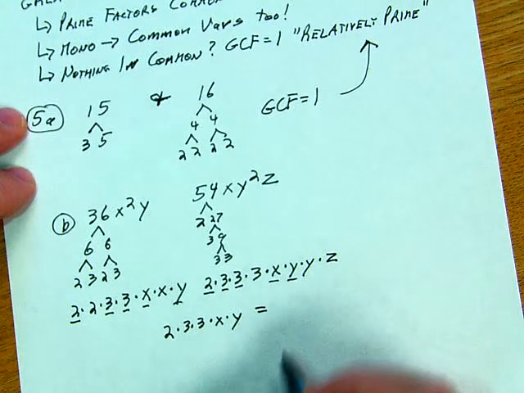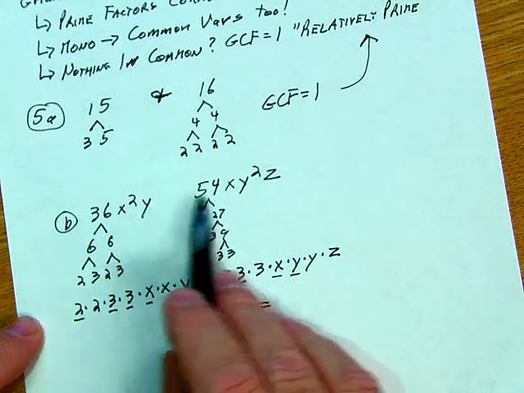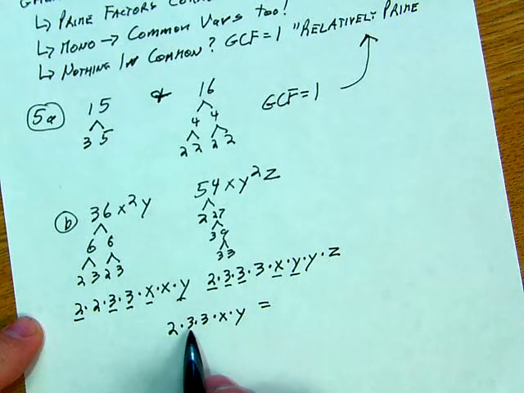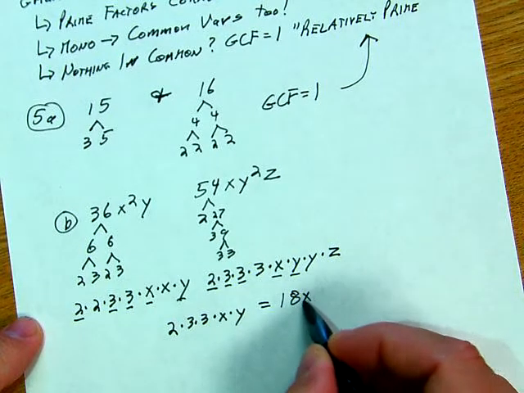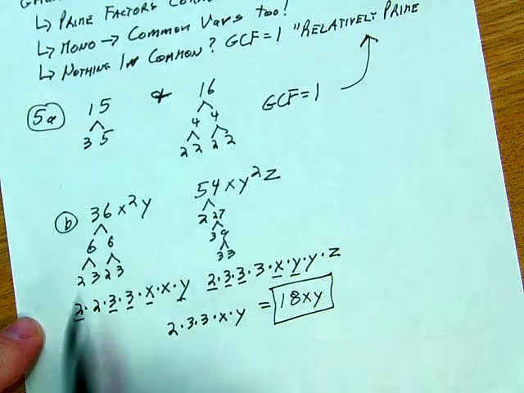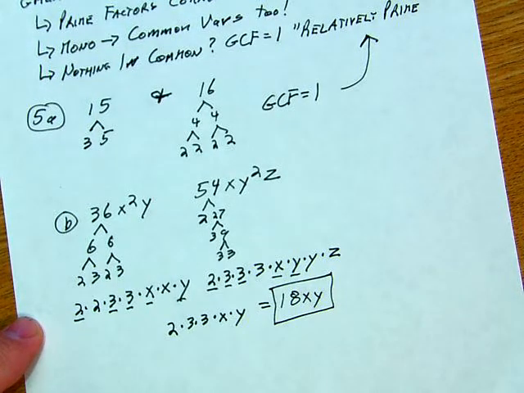And so the greatest common factor of 36x squared y and 54xy squared z is 2 times 3, which is 6, times 3 is 18, xy. And there's the GCF for those two. You can divide that number into both of those and reduce them.